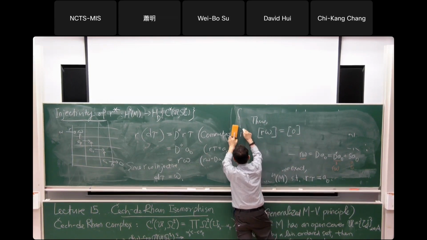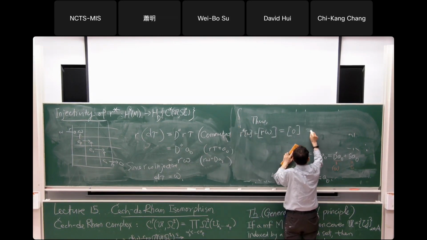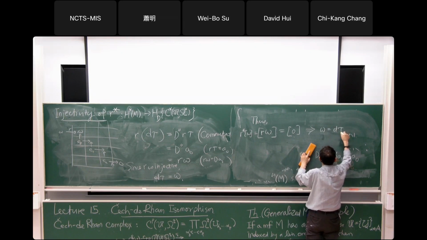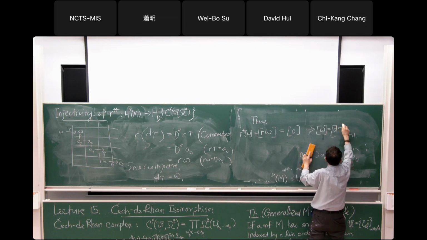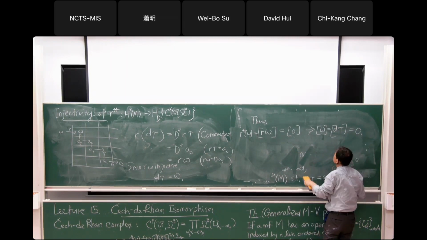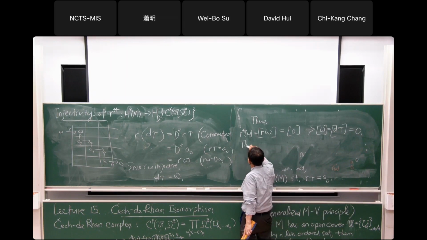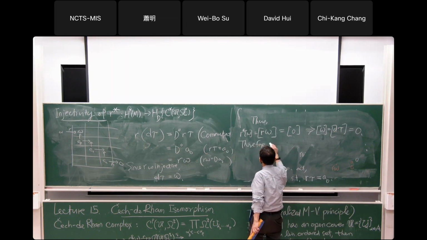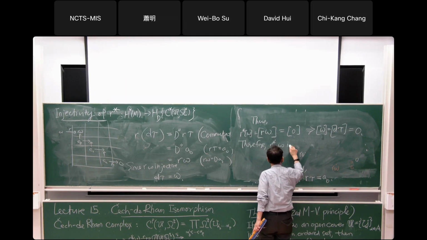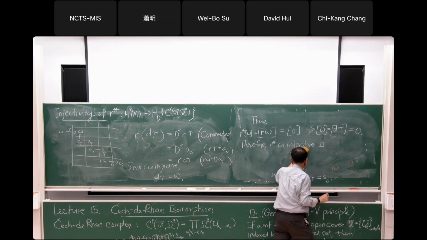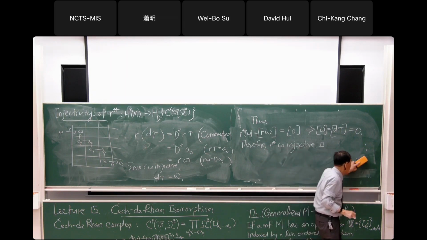So this is R star of omega. And we have found that omega is D of something, so its cohomology class is 0. That's what we have shown. And so therefore, R star is injective.